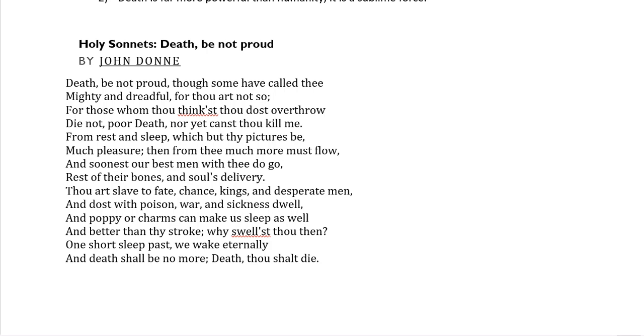And soonest our best men with thee do go, rest of their bones and souls' delivery. Thou art slave to fate, chance, kings, and desperate men, and dost with poison, war, and sickness dwell. And poppy or charms can make us sleep as well and better than thy stroke. Why swell'st thou then? One short sleep past, we wake eternally, and death shall be no more. Death, thou shalt die.